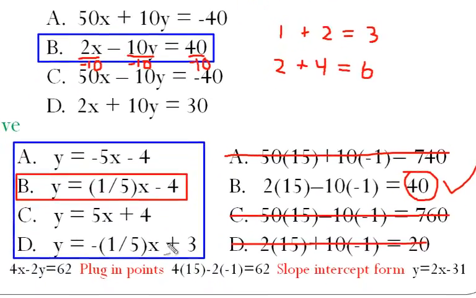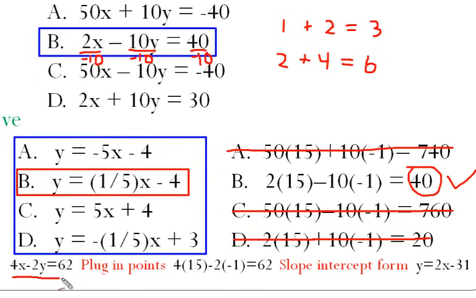So let me show you an example. Let's say this was one of our answer choices. We plugged in our points. For x we put in 15, for y we put in -1, so this would be 60. -2 times -1 would be +2. So yeah, when we did this one, we would get 62. So we're like, oh, that point worked. That's our answer.